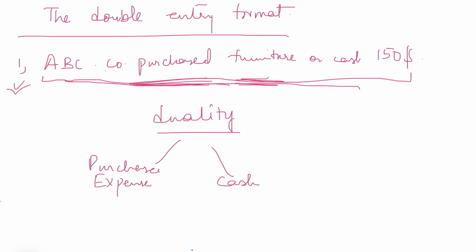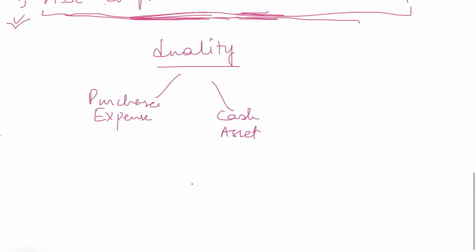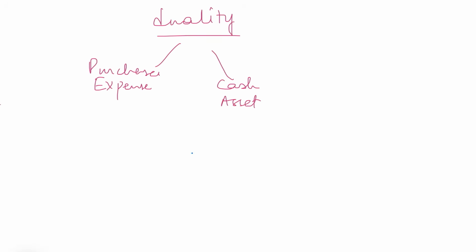So this is our asset. By having that furniture, of course furniture is my asset, but I got it by paying some amount. So I incurred an expense for my business, and it will be recorded as purchases in the format of journal like this.